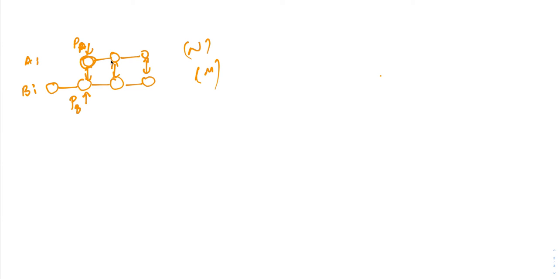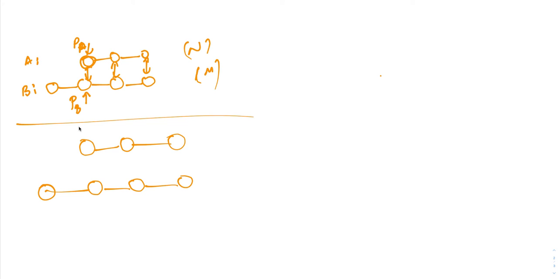But you're going to ask me, how are we going to get these pointers pointing to these nodes? I'm going to show you how. I'm going to draw a new linked list here. We're going to have a pointer PA at the beginning, and another pointer PB at the beginning. We're going to increment them until one of them reaches the end.